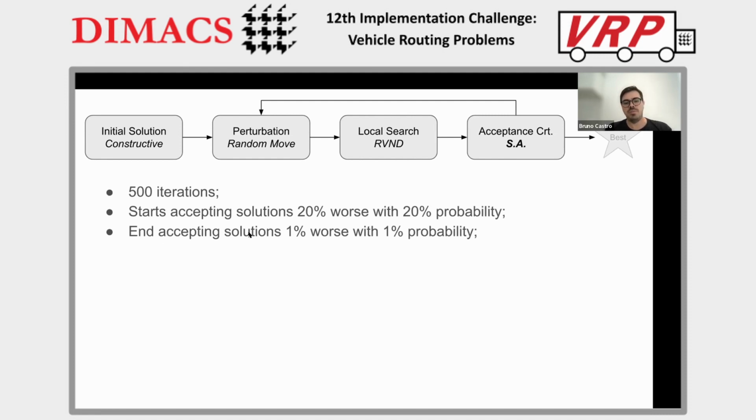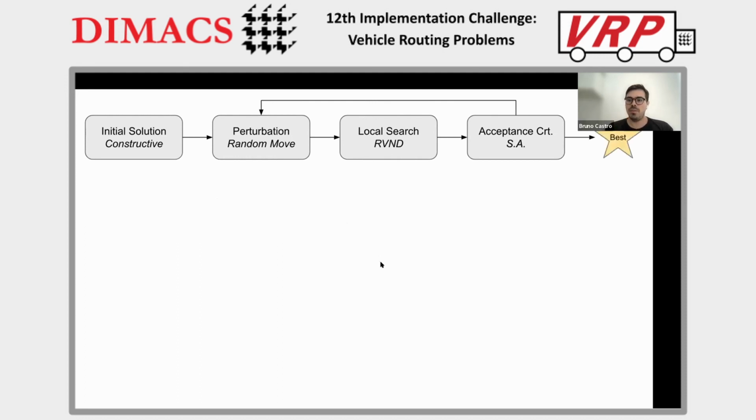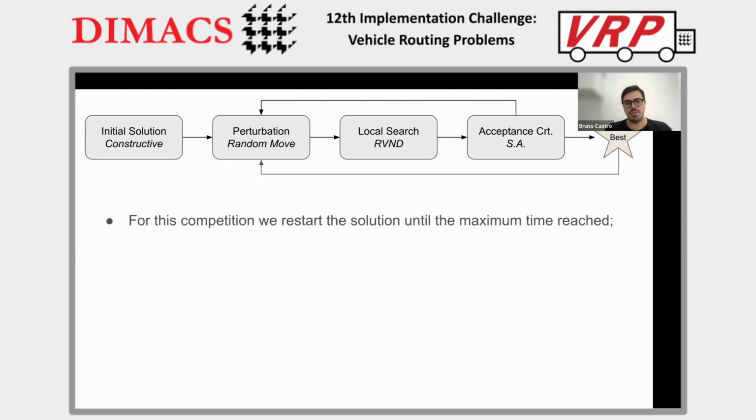It starts accepting solutions 20% worse with 20% probability. And then at the end, it accepts solutions 1% worse with 1% probability. So then we get the best solution, but for the competition, we restart the solution until the maximum time is reached.